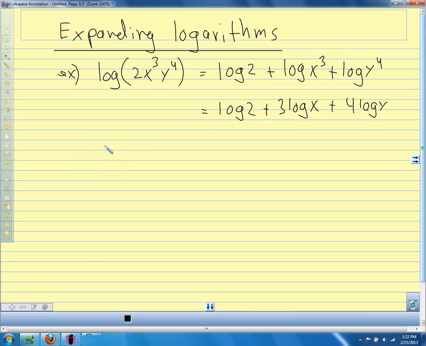Let's look at another example. Natural log of square root of x plus 5 divided by y squared. So the rules for logarithms tell us what happens to division.